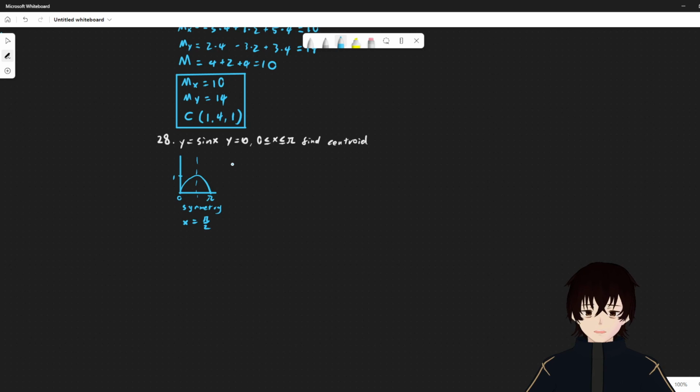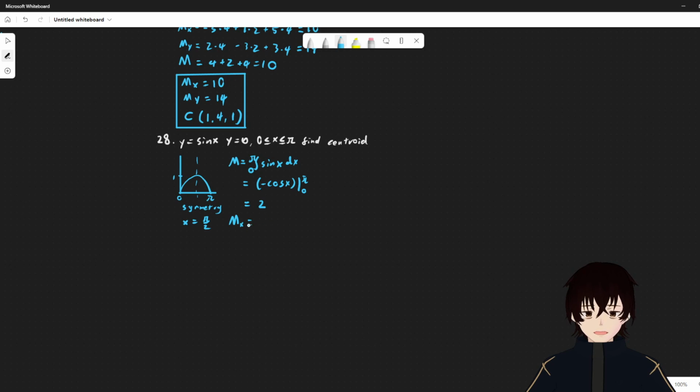The rest we would just need to find mx and m. So m is equal to the integral from 0 to pi of sine x dx, which is equal to negative cosine x from 0 to pi, which is equal to 2. M equals 2.